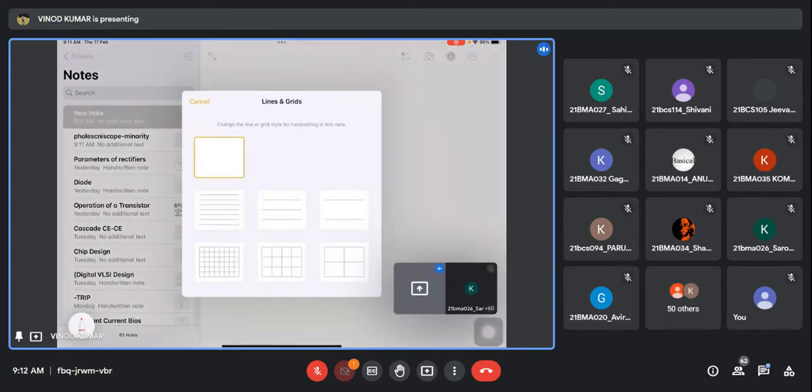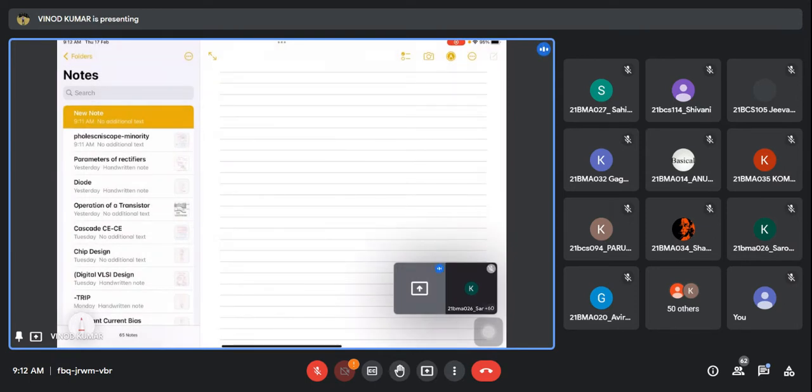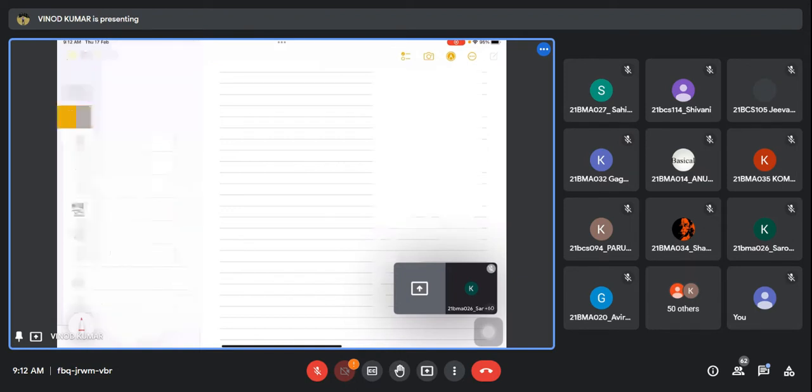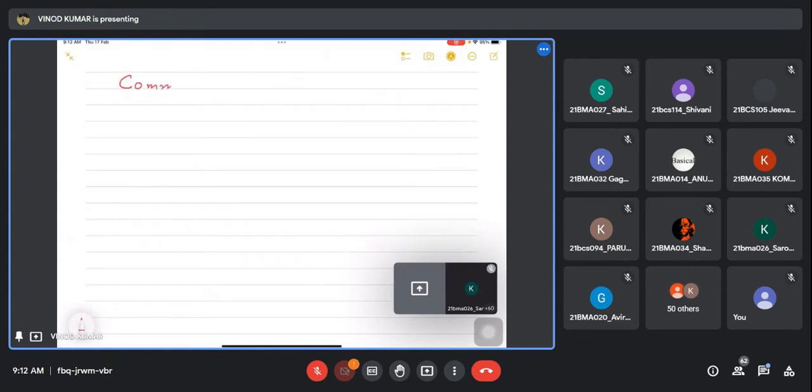This class, we talk about common emitter configuration. Common emitter means this one. This is the common emitter configuration. We are applying certain voltage here.